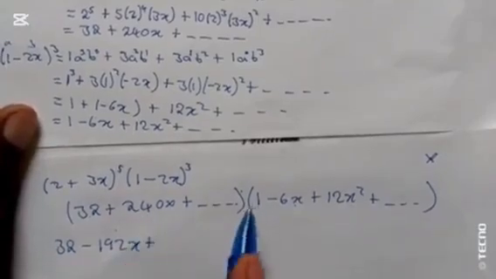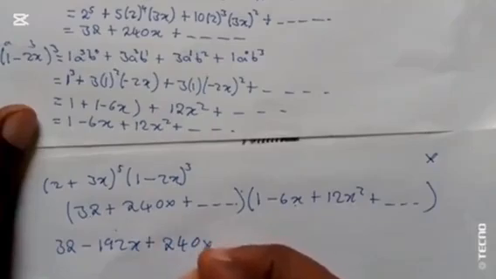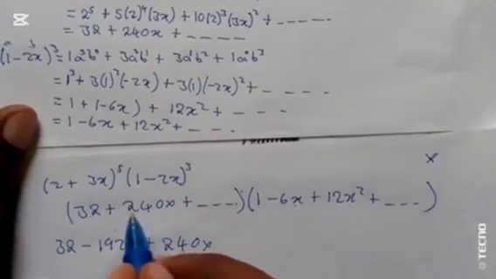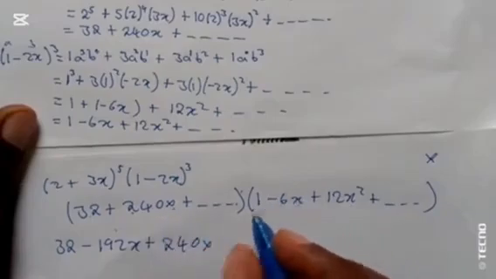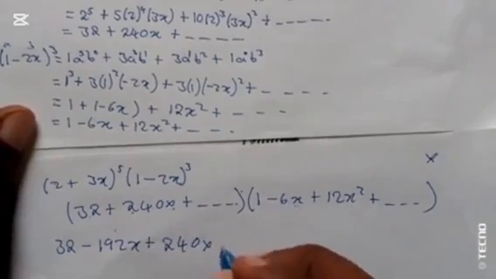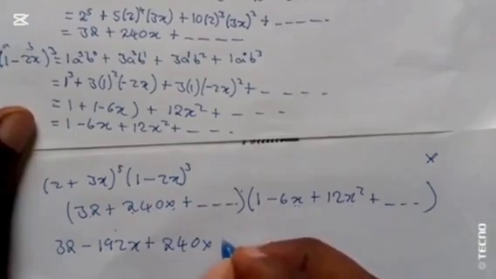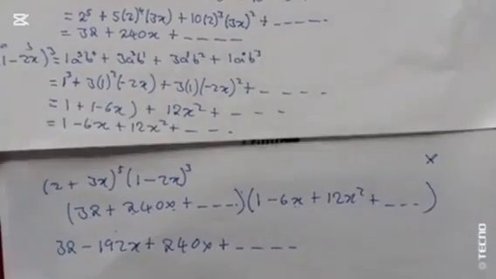This times this, we're going to have 240x. Again, when we multiply this 240x times the negative 6x, this x and this x will be raised to power 2, which should not be included in our answer. So what we do, just say plus, we put something like this, showing the continuity of the expansion.